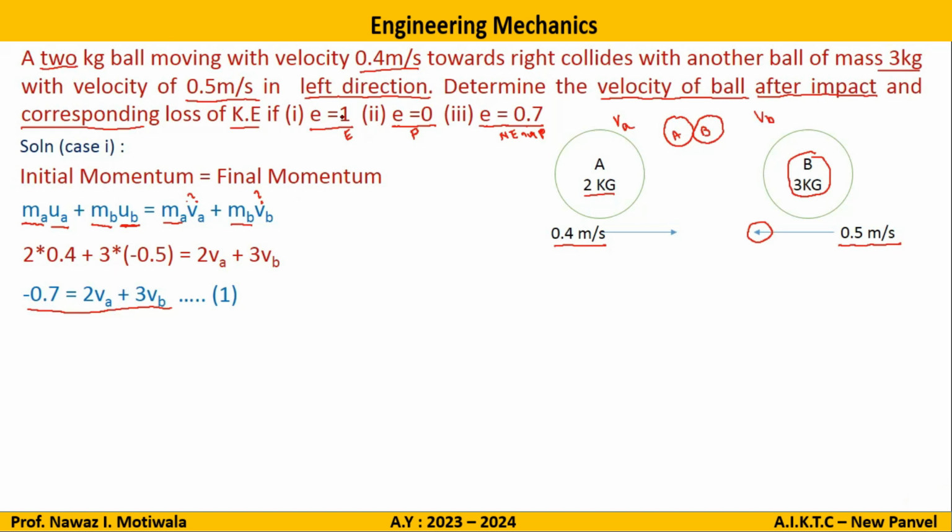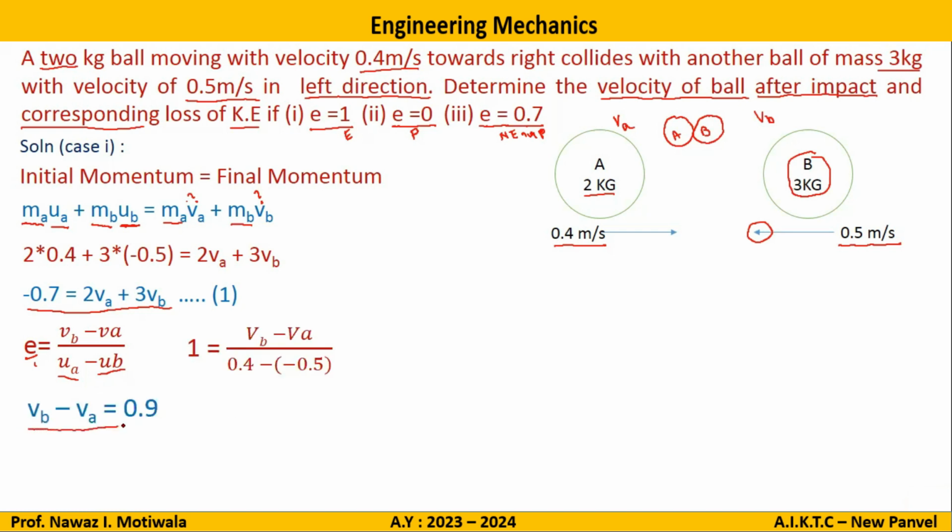So let us apply that formula. The coefficient of restitution is given by the relation VB minus VA divided by UA minus UB, where e is 1, UA is 0.4, and UB is 0.5 in negative because it is going towards the left side. Substituting the values, I get another equation, VB minus VA is equal to 0.9. Let this be equation number 2.